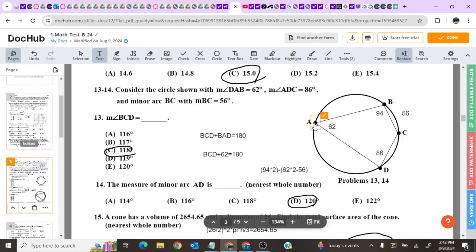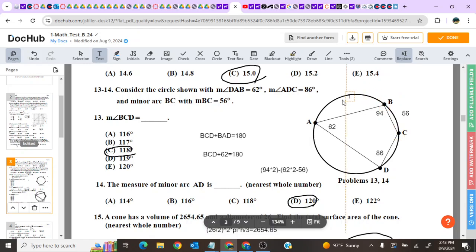Now here, something you might remember about inscribed angles is that the measurement of the arc that they cover is 2 times the measurement of the angle. So this 62 angle means that this arc BD will cover 124, 62 times 2. So now this angle here covers everything that's not covered by BD.